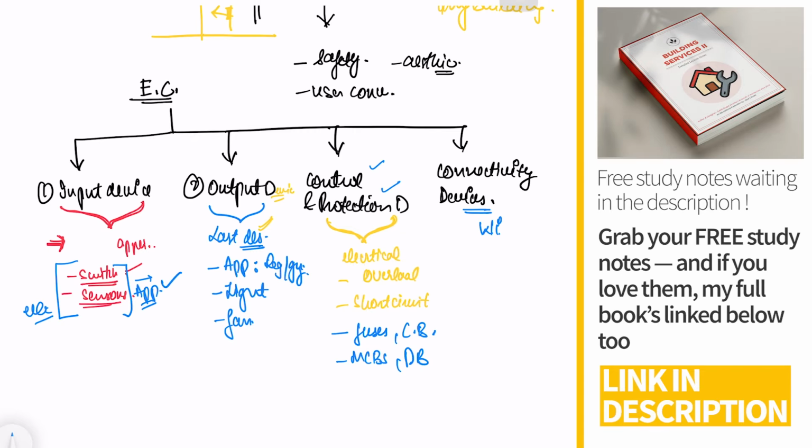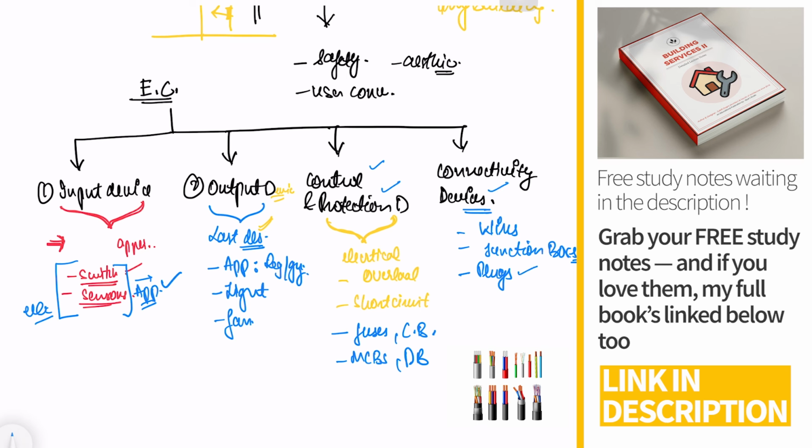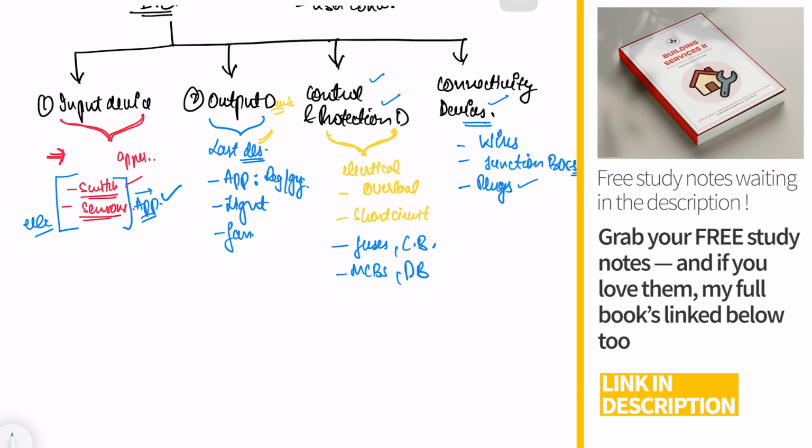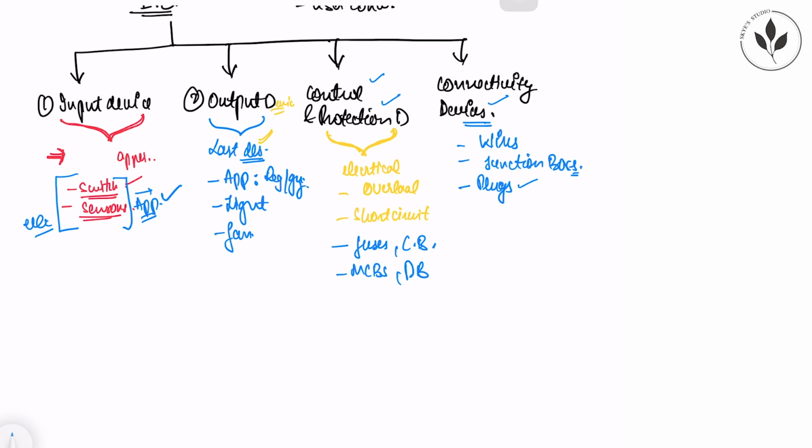With the help of wires or maybe junction boxes, which will have the bulk of all the wires all connected together, then plugs that you have installed at the end of your appliance. So these are the devices which will connect your appliance to the socket or the switch so as to transfer electricity from the main source to your appliance or the last output device.